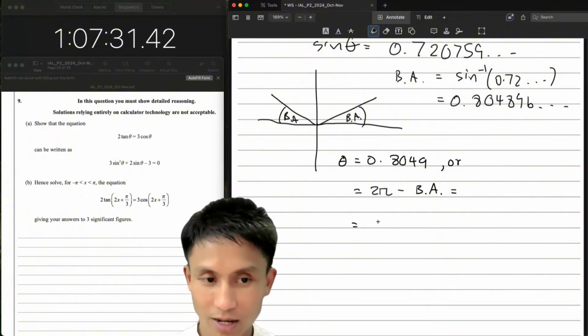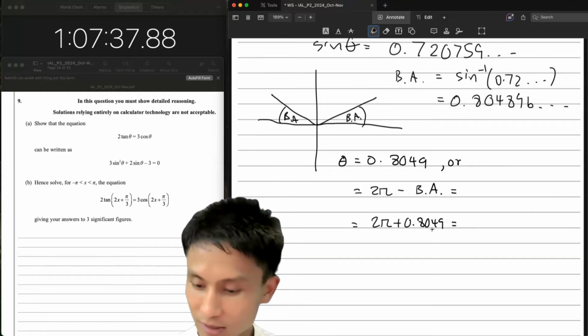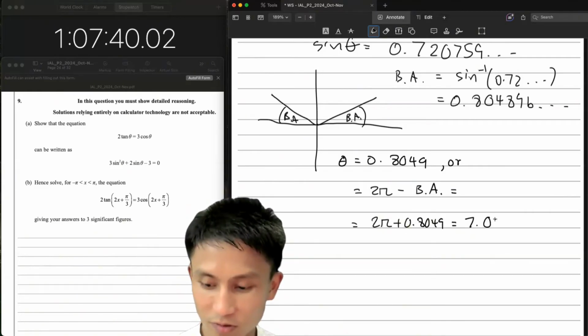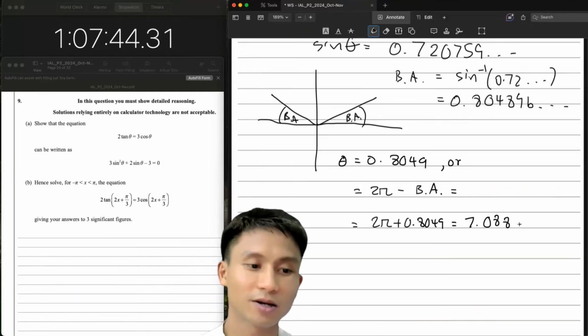Okay, here I have 2 pi plus 0.8049. I get 7.0880. So I can stop there.